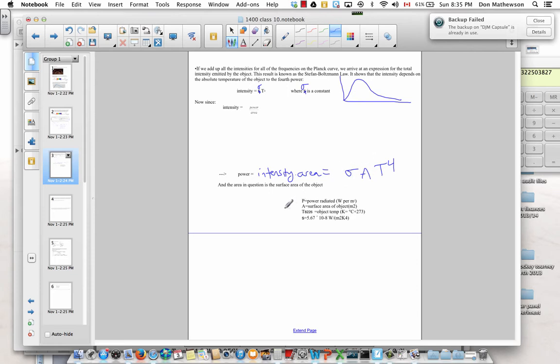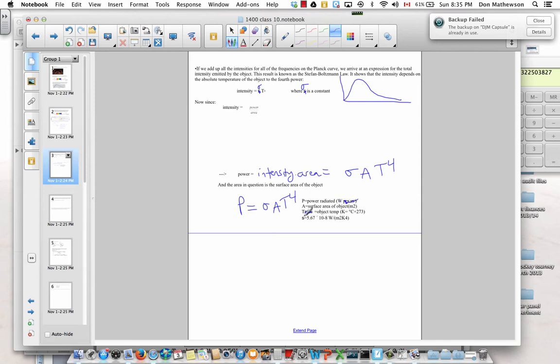So what we find then is that the power an object is emitting is a constant times its surface area times its absolute temperature to the fourth. So T is the object temperature in Kelvin, so you take centigrade, add 273. A is the surface area in meters squared. P is a power, okay, in watts. Not watts per square meter, but watts.